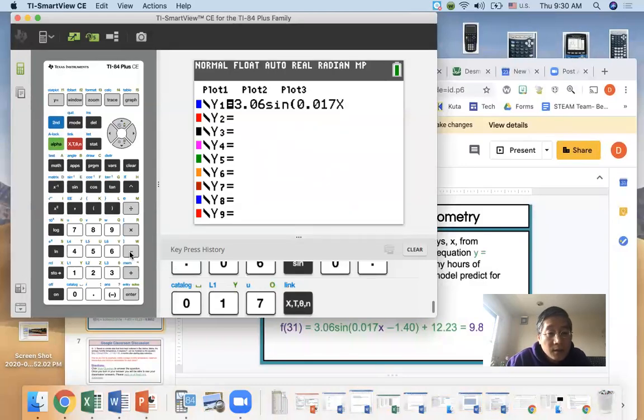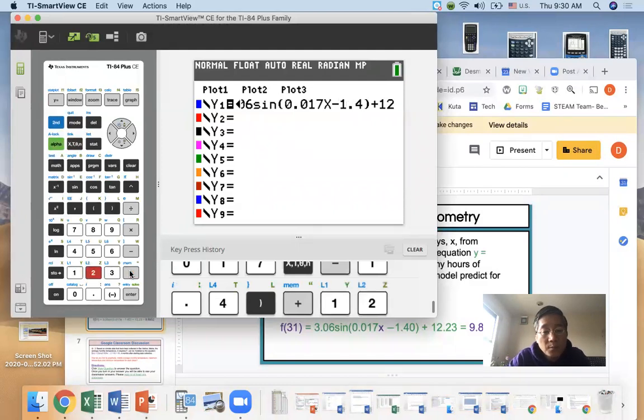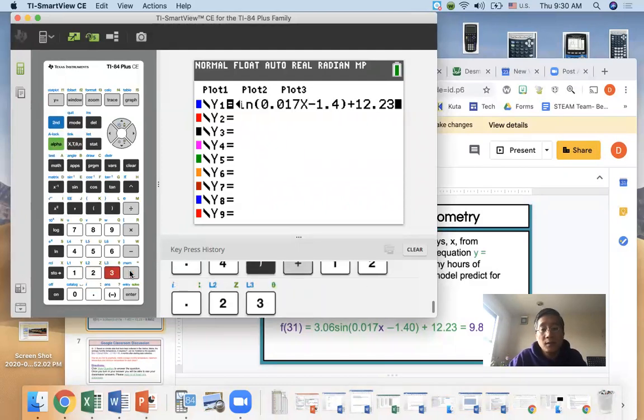This is a negative sign, minus, and then 1.4, parentheses and plus 12.23 and enter, right? So when x is 31, what should you do?